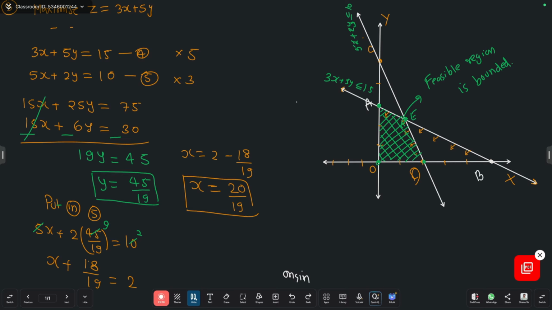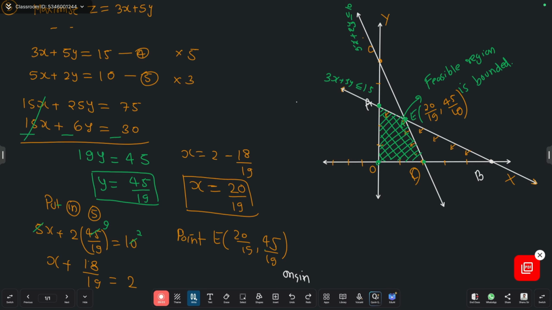So what is point E? The coordinate of point E is 20 upon 19 comma 45 upon 19. Note this. Next, in the graph also we show that this point came 20 upon 19 comma 45 upon 19.